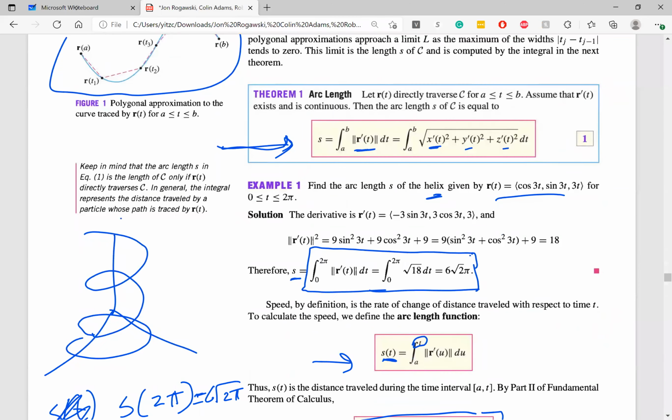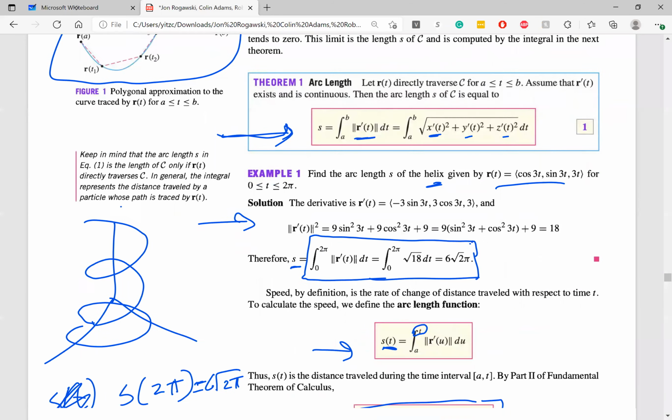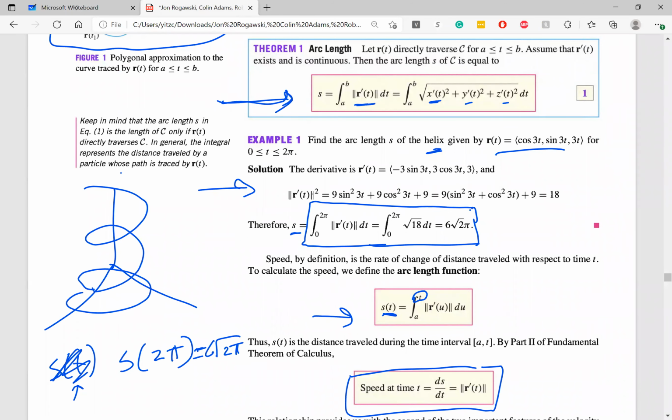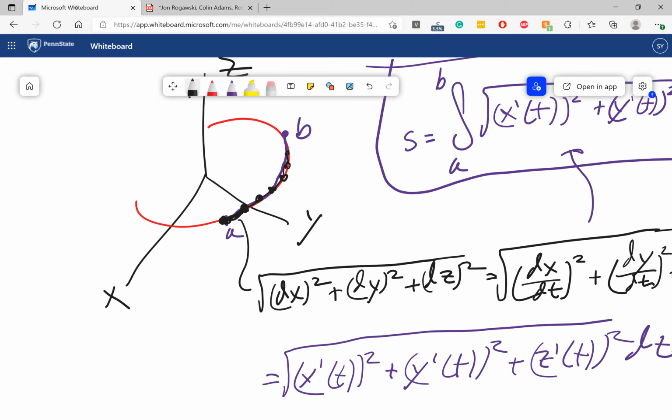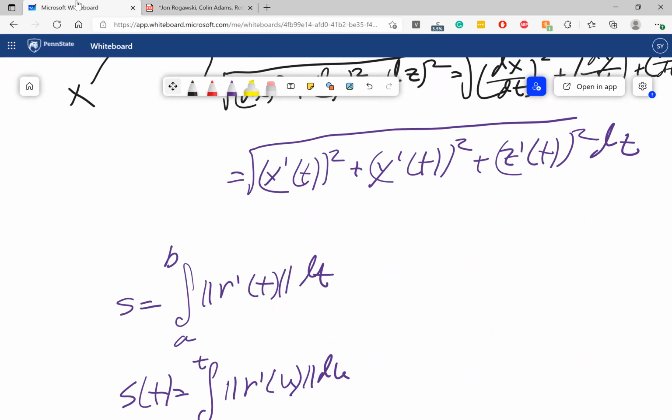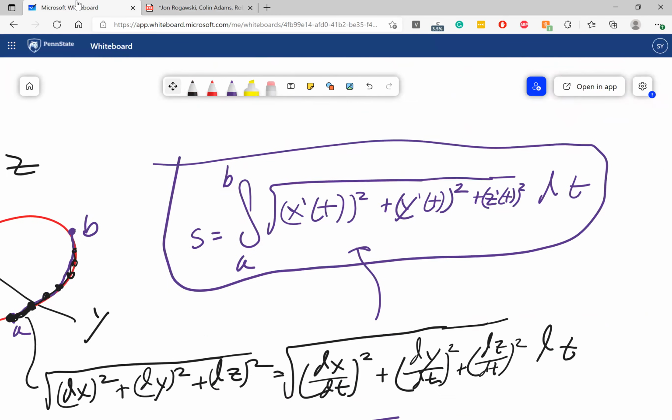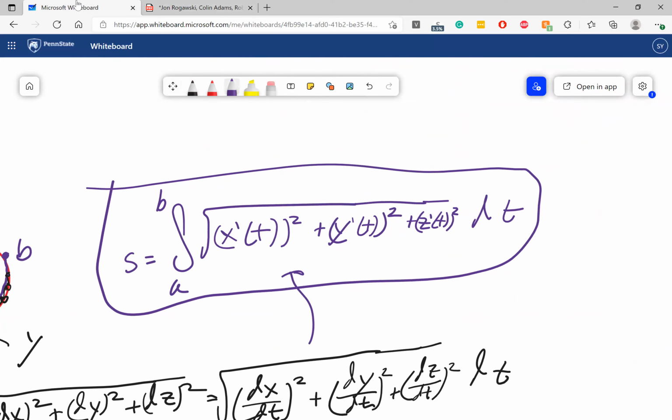So last time we did this problem with the helix, and it's really one of the only types of problems that you'll be given with arc length, because you have these square roots of squares in your integral. In the integral, you have x prime of t squared, y prime of t squared, and then you take the square root.